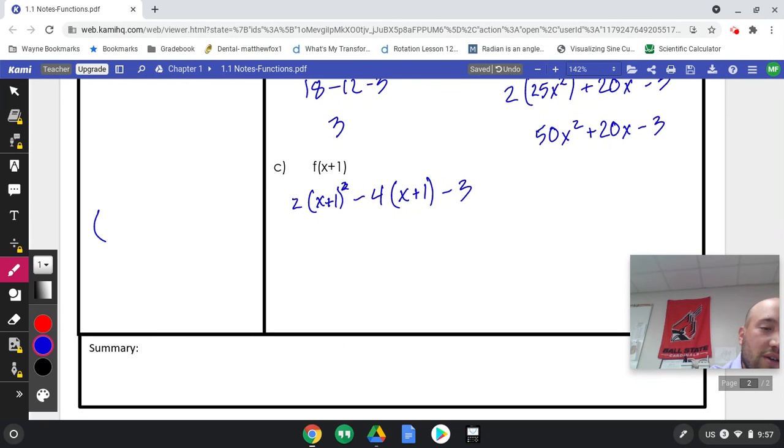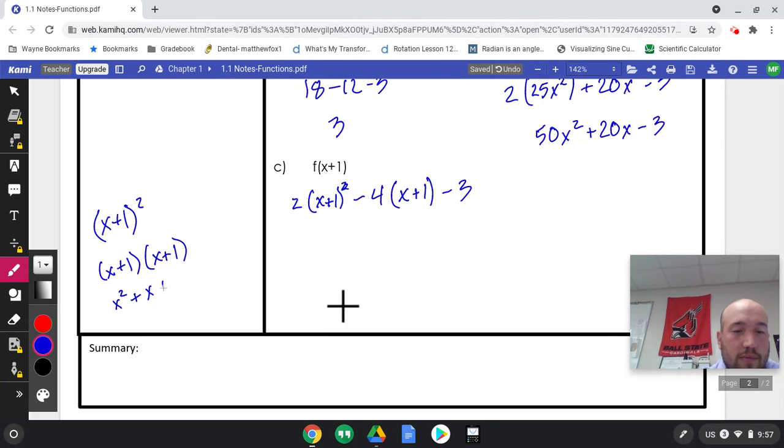So x plus 1 squared, remember that's x plus 1 times x plus 1. We'll distribute, we'll FOIL, so x squared plus x plus 1, x squared plus 2x plus 1.